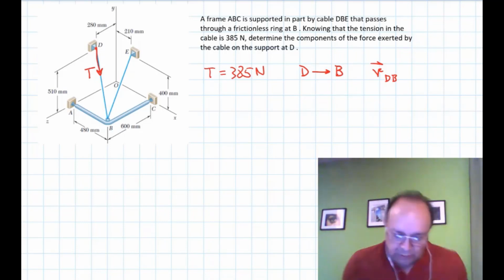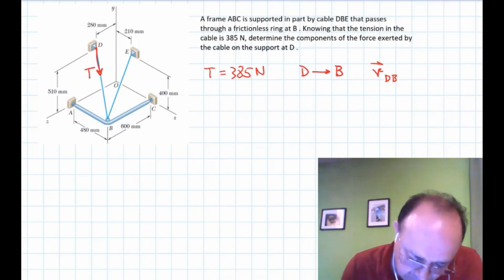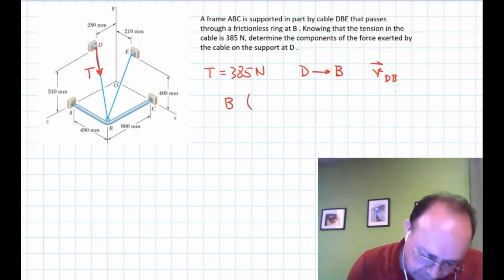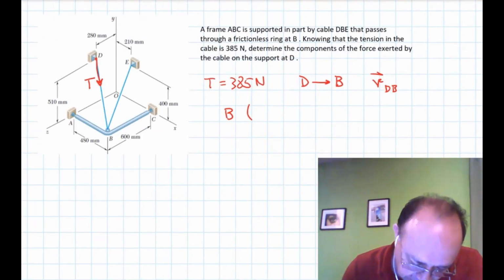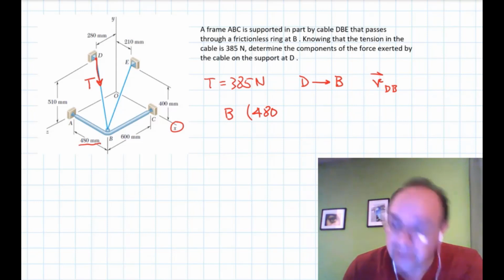So what we need to do is basically find the coordinates of point B and subtract the coordinates of point D. The coordinates of point B are, in the x direction, this is the x-axis, so the x coordinate of point B is 480 millimeters.